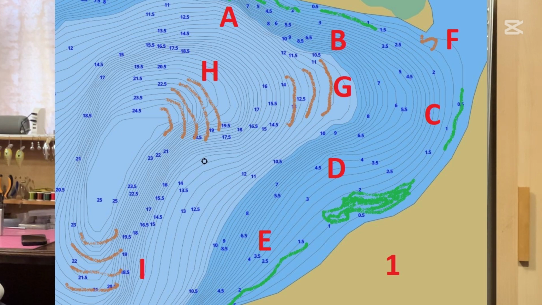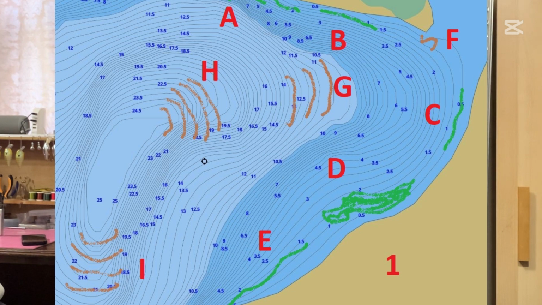G, H, and I are areas of structure where we have some rock as indicated on our topographic map. I've indicated it in brown just for you to have a look at. And you can see, except for section F, the majority of the areas that have rock on this particular lake are where there are areas of deeper water where the contour lines are closer together.